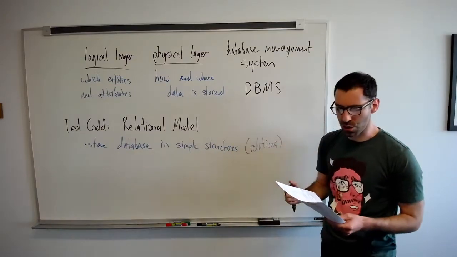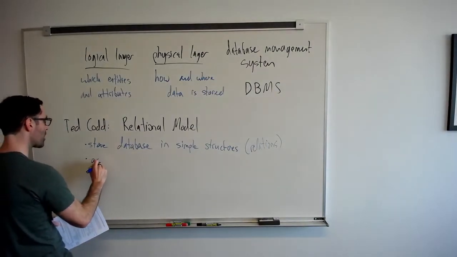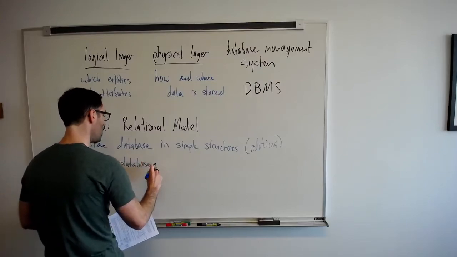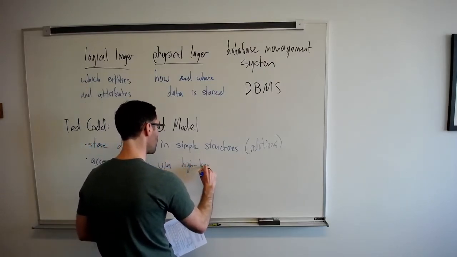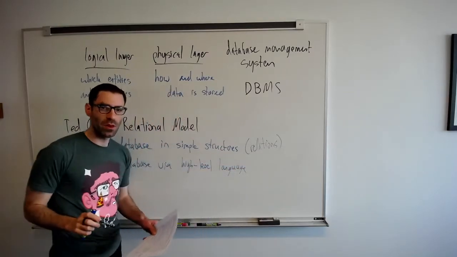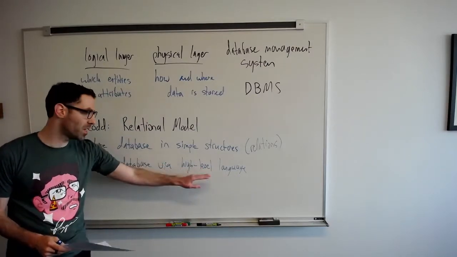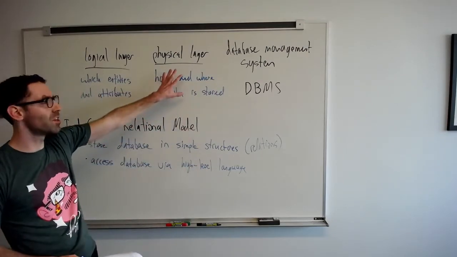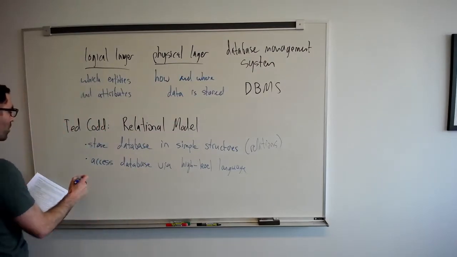It's our relational model. It proposed to access the database via some high-level language, so some way of interacting with the database that wasn't at the nuts and bolts level of what was going on in the physical layer.